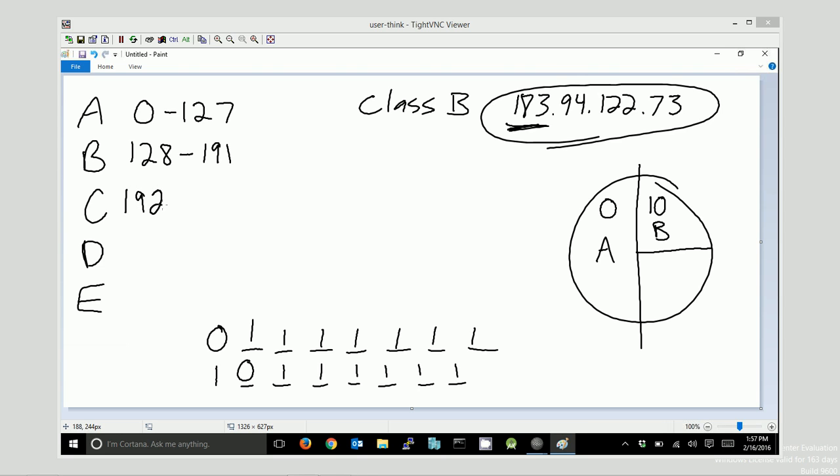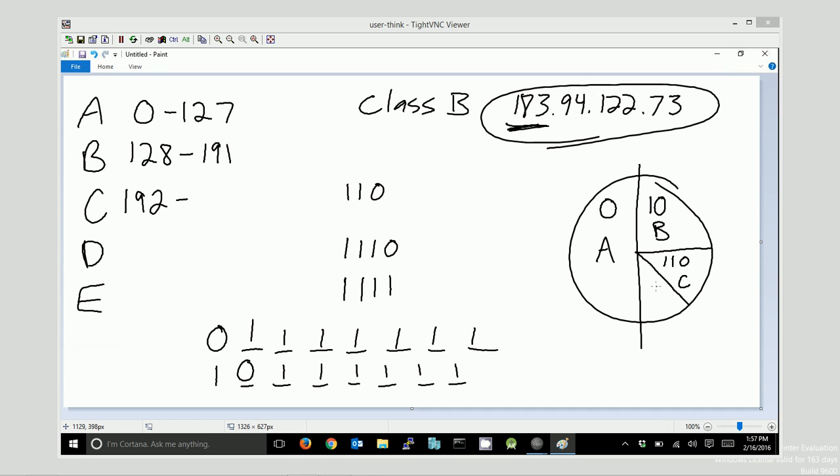192 is where Class C starts. Class C is any address that starts with 110. And Class D is 1110, and Class E is 1111. So of this remaining address space, if we chop that in half, 110 encompasses all of the Class C addresses in the world.